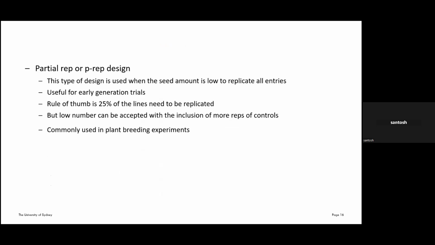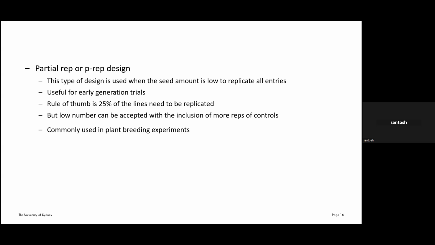Then comes the partial rep, or P-rep, design. This type of design is used when the seed amount is low again, but the requirement is that you should have some entries, some lines, with enough seed so you can replicate at least twice.